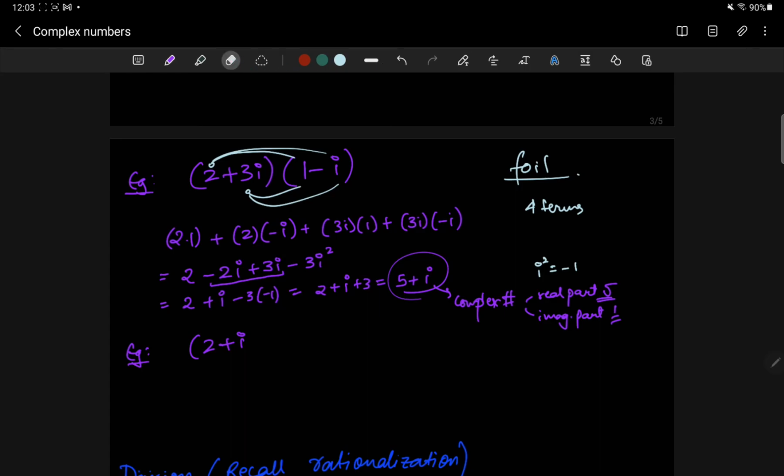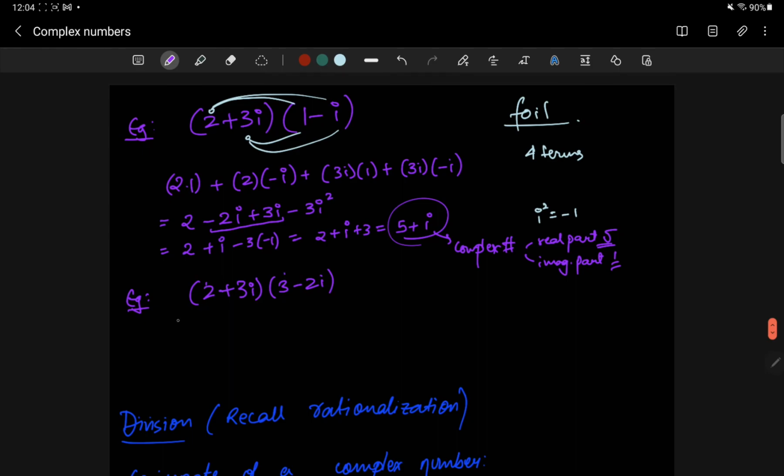Let's give these coefficients. So let's make this 2 plus 3i and 3 minus 2i. So I have a 2 times 3. So let me write it down. 2 times 3, 2 times negative 2i, 3i times 3, 3i times negative 2i.